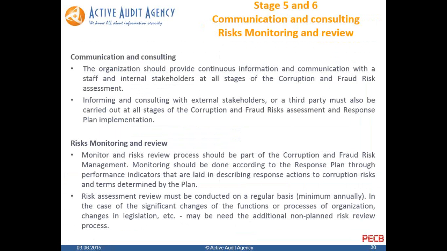Regarding communication and consulting, the organization should provide continuous information and communication with the staff and internal stakeholders at all stages of corruption and fraud risk assessment. Also, informing and consulting with external stakeholders or third parties must be carried out at all stages of the corruption and fraud risk assessment and response plan implementation.